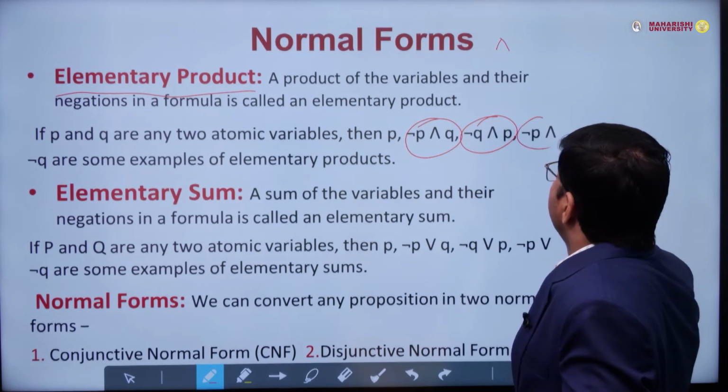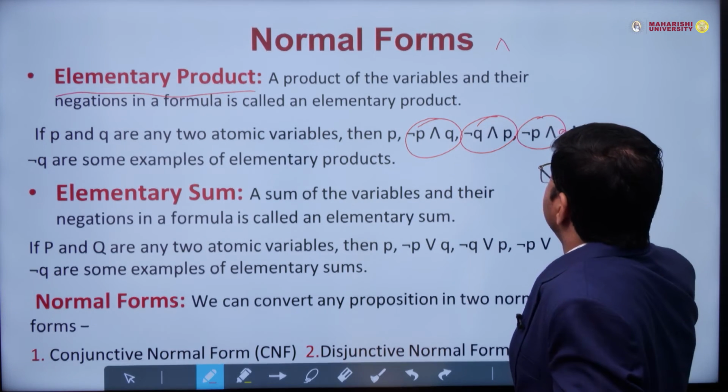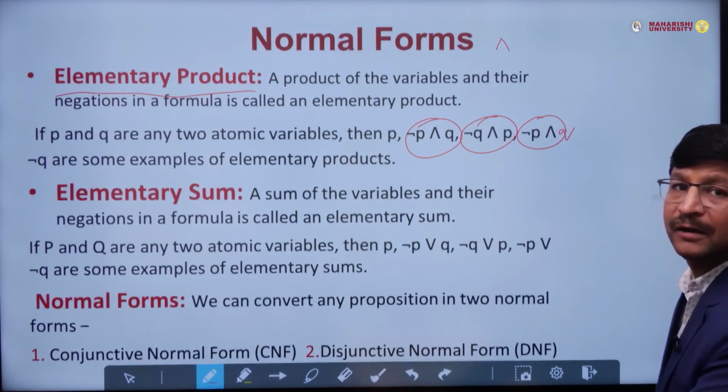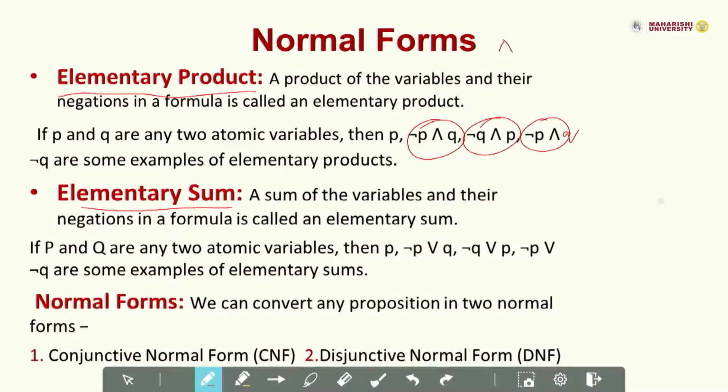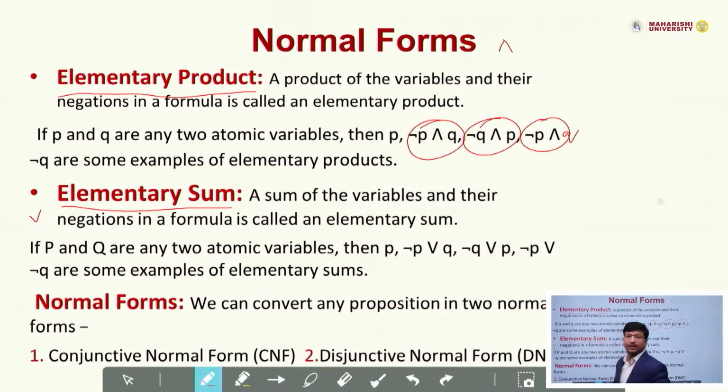These are all elementary products: P and negation of P, or Q. An elementary sum has OR operation.